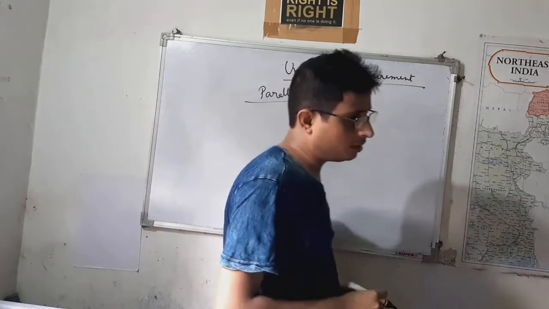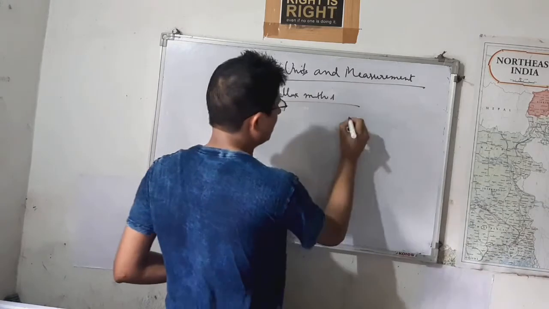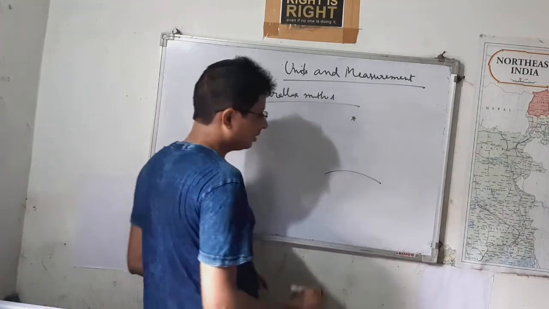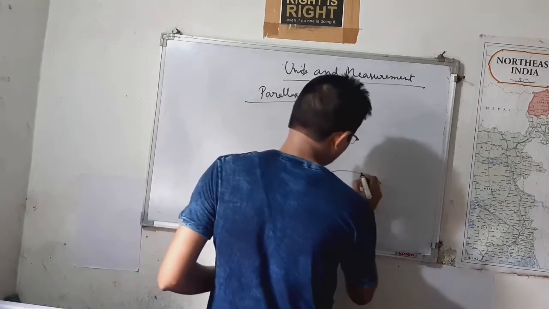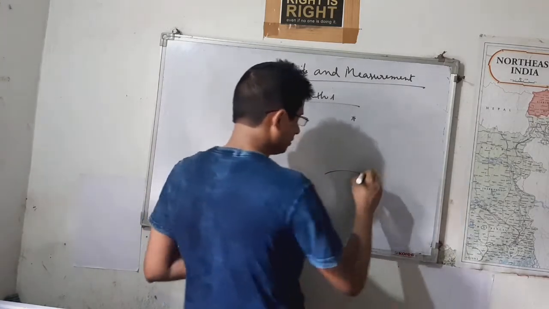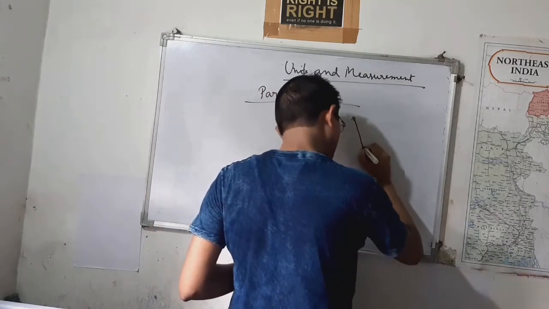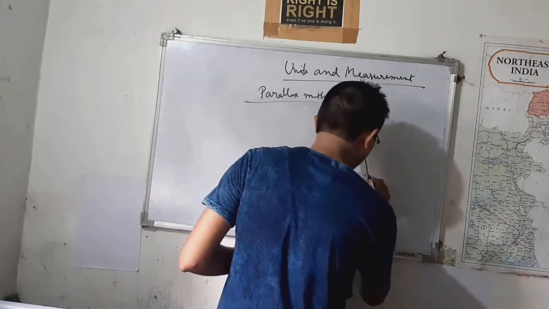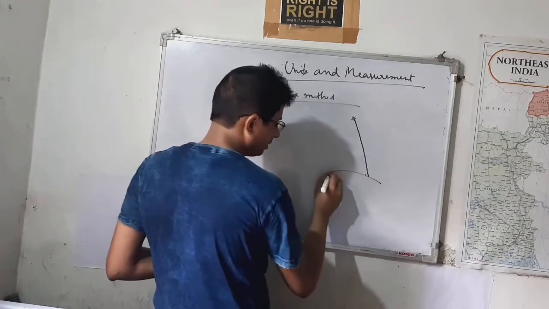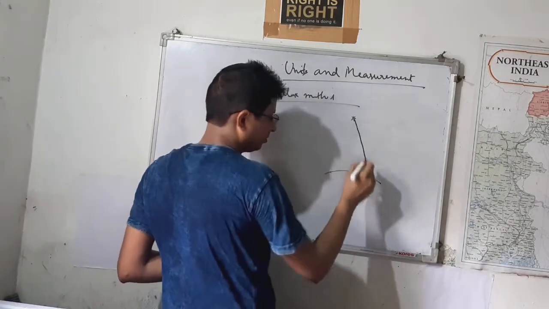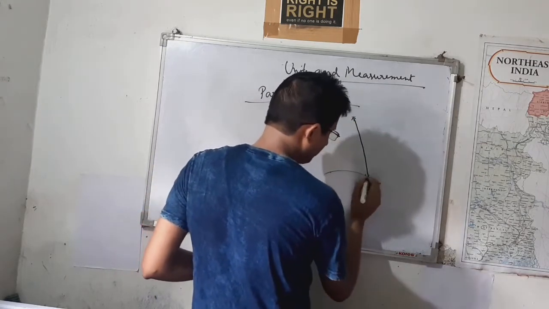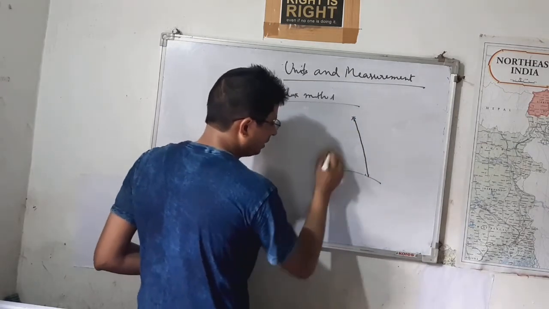So in this method, suppose this is a star and this is Earth. Suppose I want to observe this star from this point, and then I move to this point and observe it again.